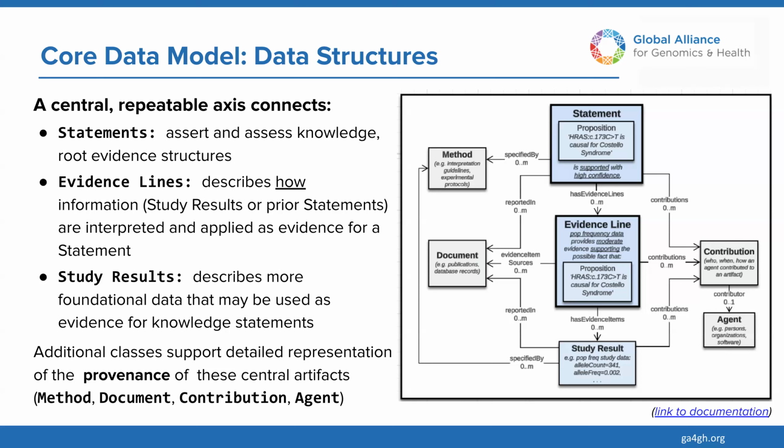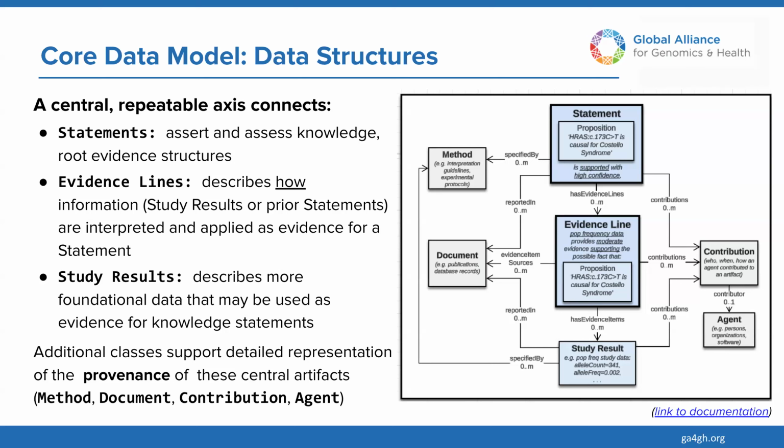Statements may be supported by one or more evidence lines, which is the next class in that central axis. These evidence lines specifically describe how information from something like a study result or a prior statement was actually interpreted as evidence to generate the knowledge reported in that root statement. Does the evidence support or refute that statement, and how strongly?